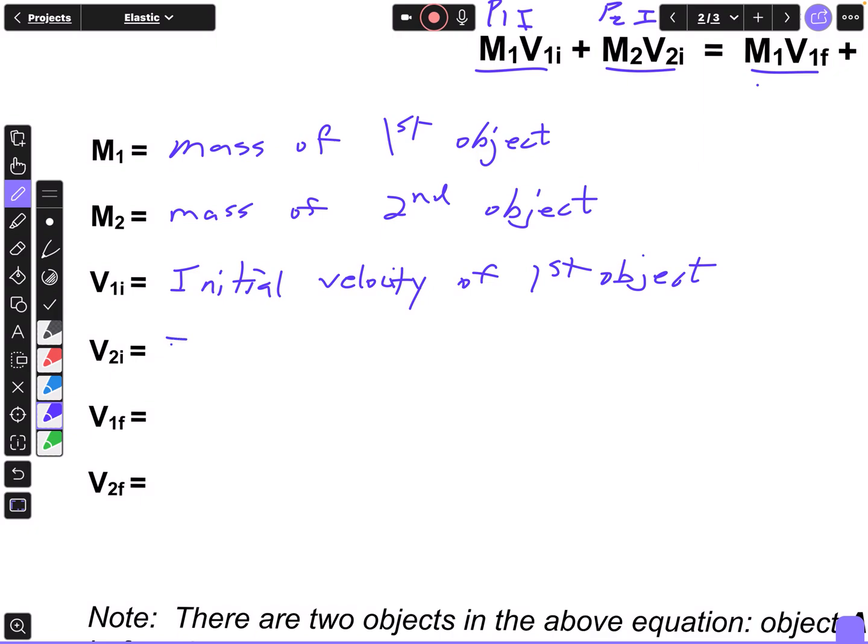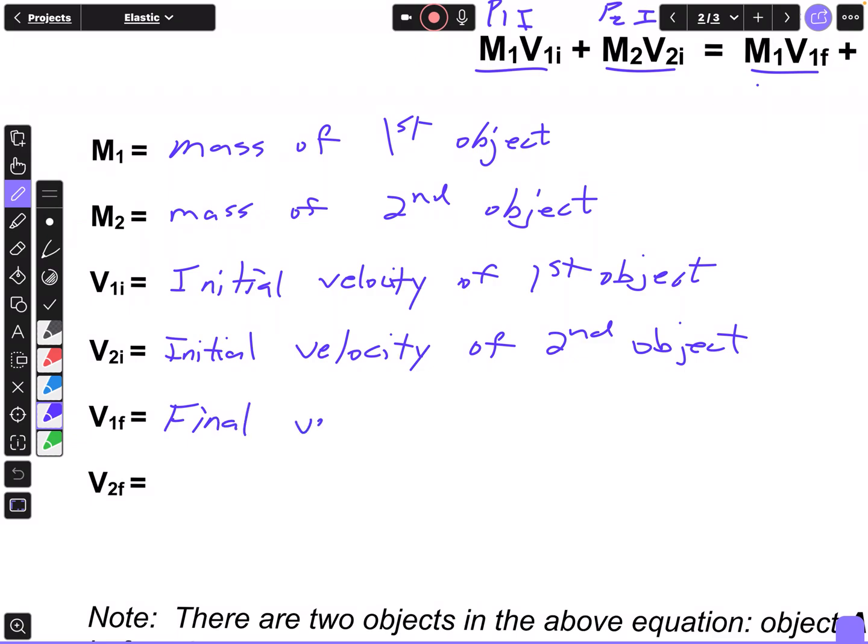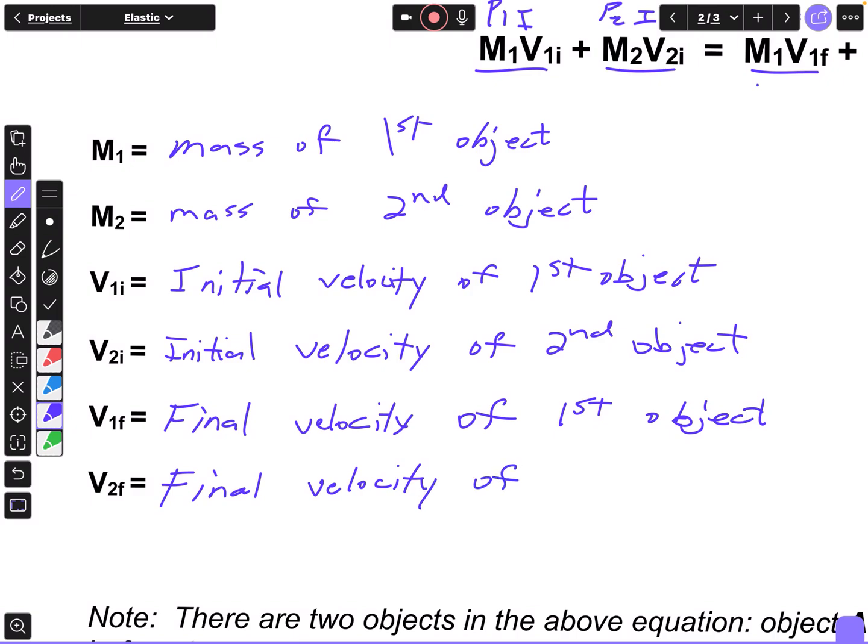V2I is the initial velocity of the second object. V1F is the final velocity of the first object. And V2F is the final velocity of the second object.